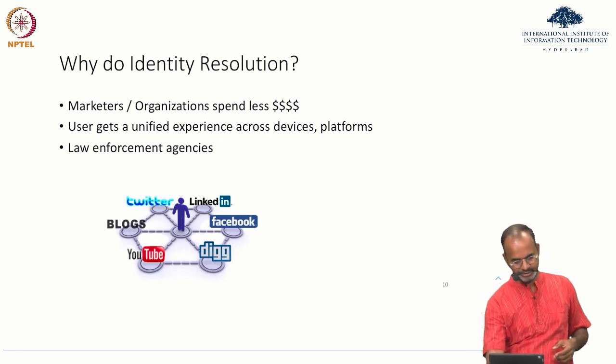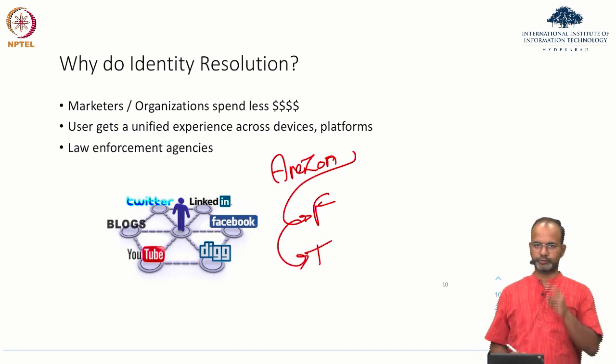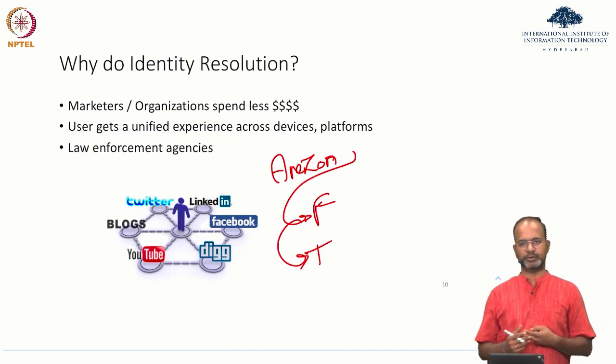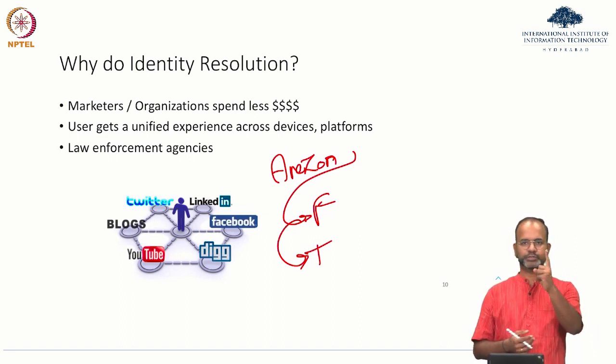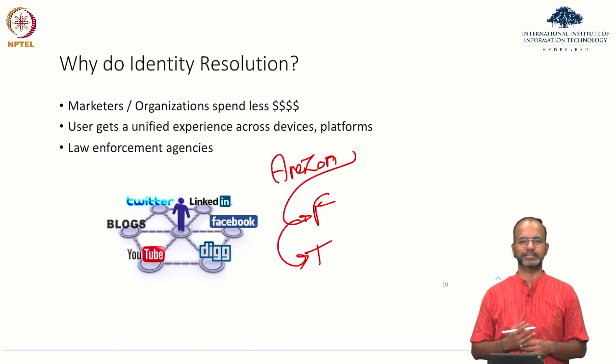If I was on my Facebook and my Twitter, and Amazon has to send an ad, instead of two ads that they have to spend money on, they can do only one, spending money and resources. They have to send only one now because they know that it's the same user. If they did not know that, they would have to do two, which probably increases their expenses on these ads.